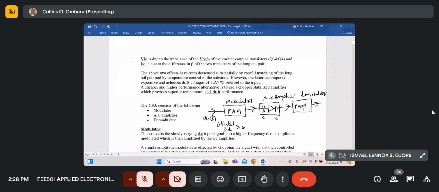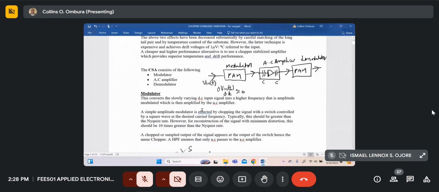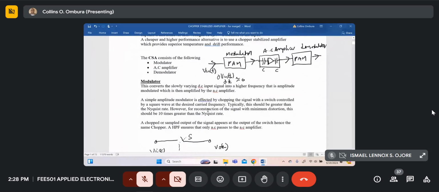And then we demodulate the signal and get our amplified signal over here. So let's go as shown in the notes over here. So this is the function of the modulator.